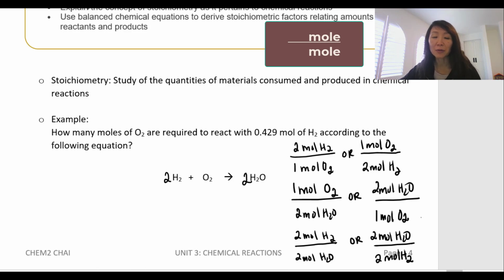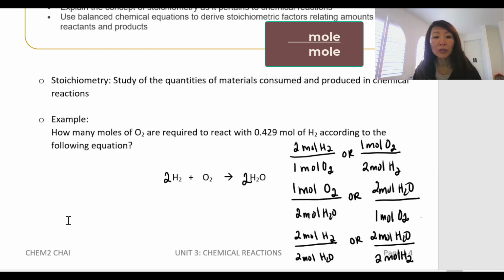Now, why is this mole to mole ratio significant? That's because of the following example question. It says, how many moles of O2 are required to react with 0.429 moles of hydrogen according to the following equation? You already balanced the equation and you have all these setups over here on the side.